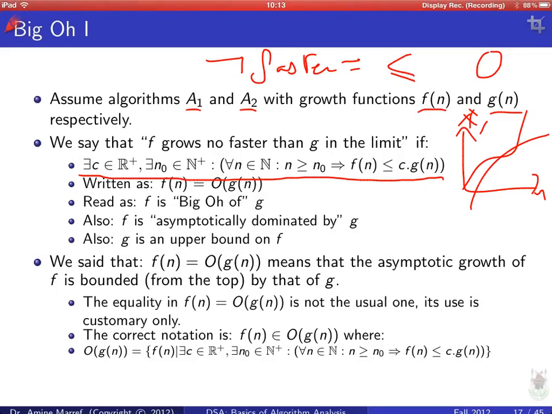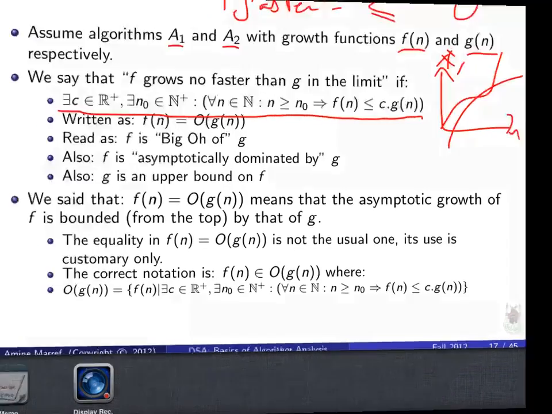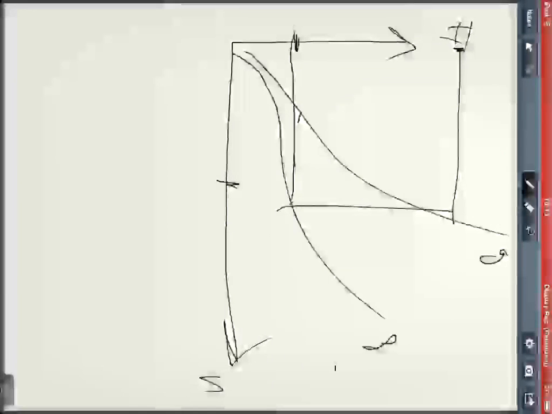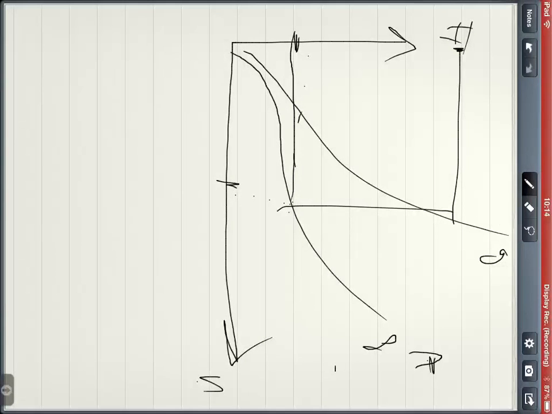Okay, so what this is saying is, in order to prove that function f is big O of function g, which means f grows no faster than g, we have to find a number c and a number n0 such that this proposition here is true.